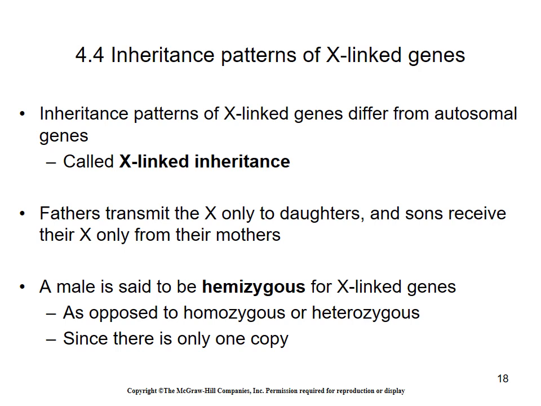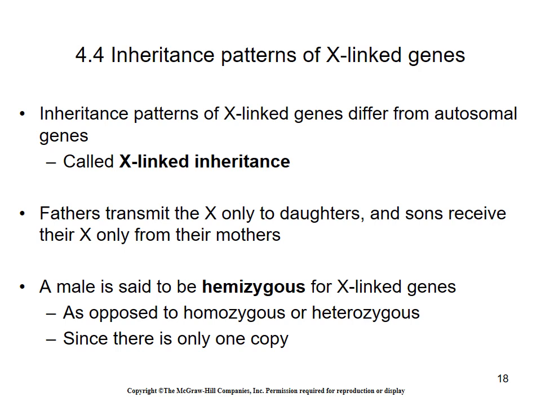Whereas mothers will always give off an X. That means the son will always inherit the X from his mom and the Y from the father. And this is why there's a 50% chance of producing a male or a female, because the father can contribute either the X or the Y.